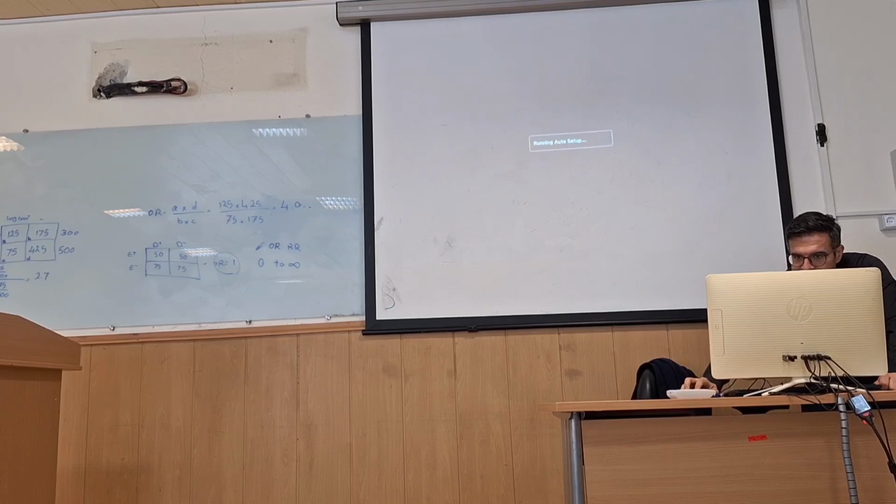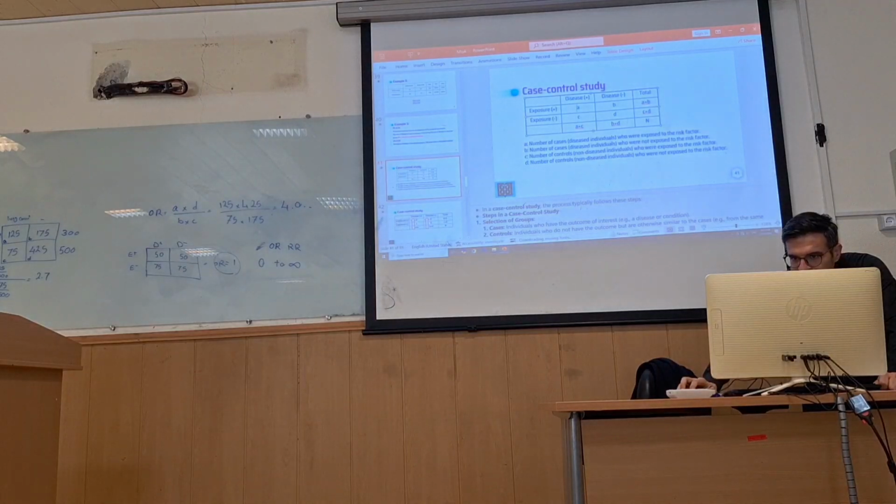Number of cases who were exposed to the risk factor. B, number of controls or non-diseased individuals who were exposed to the risk factor. C, number of cases who were not exposed to the risk factor, and D, number of controls who were not exposed to the risk factor.